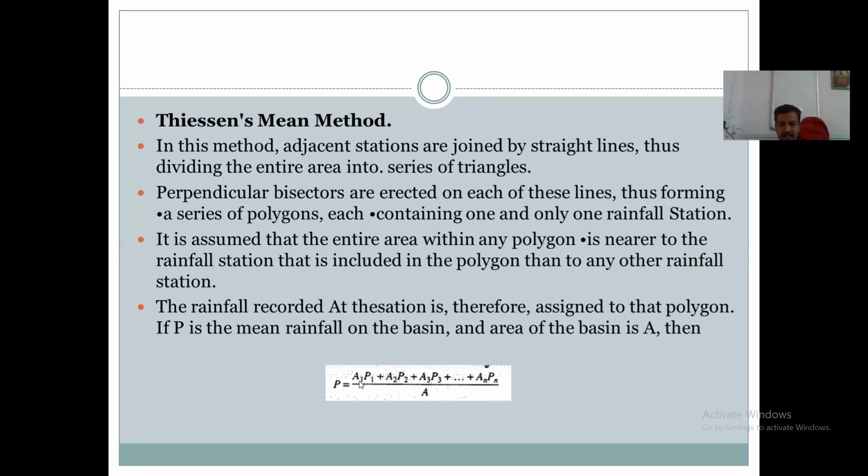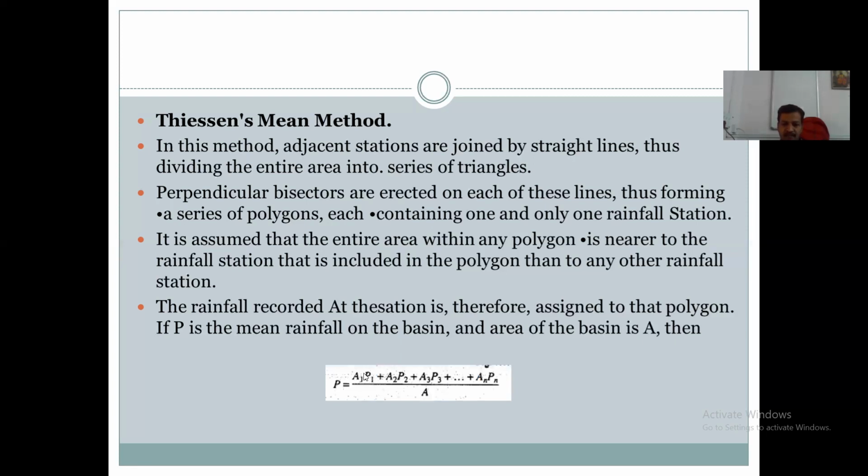After calculating the areas A1, A2, A3, A4 at each rain gauge station, and recording the rainfall values at each rain gauge station, those values are kept in this formula: A1 P1 plus A2 P2 plus A3 P3 plus A4 P4 up to AN PN.